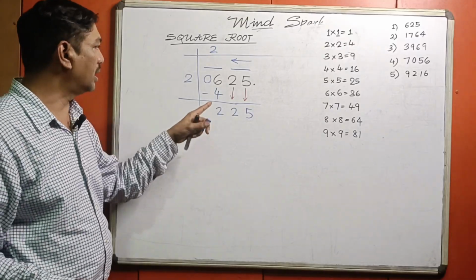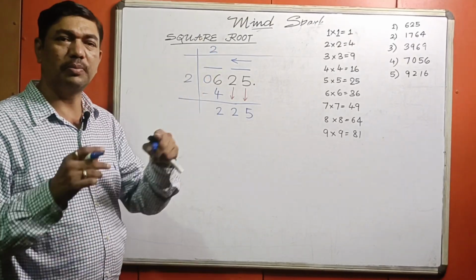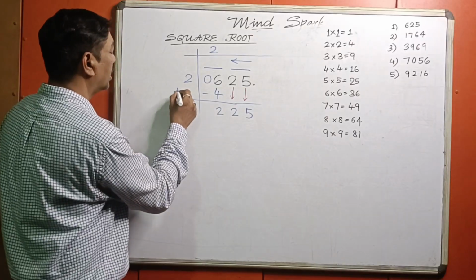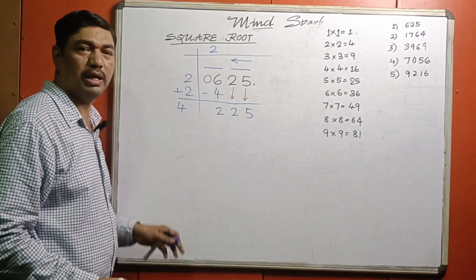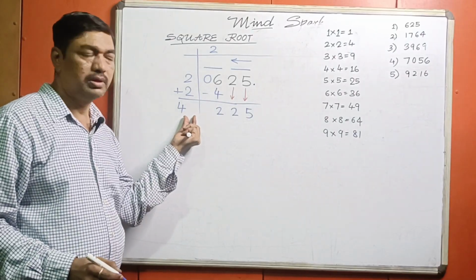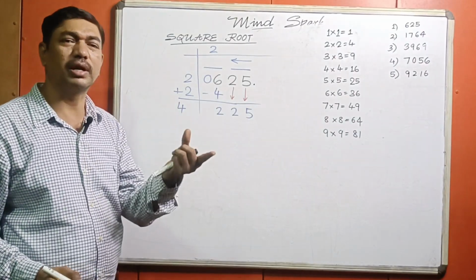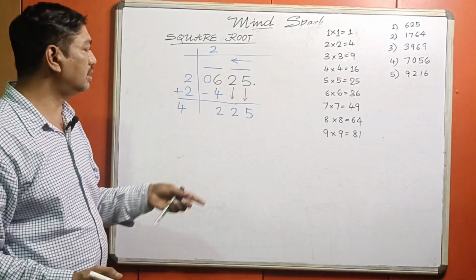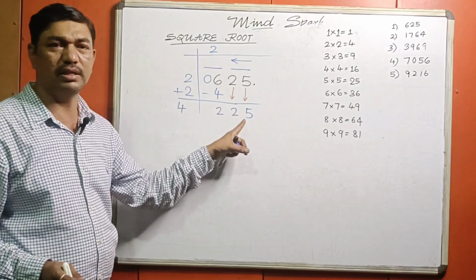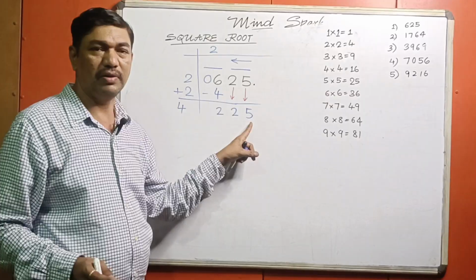Then you double the 2: 2 plus 2 is 4. When you write 4, give a small gap here so that the next number can be filled in. You are ending at 5, the last number.